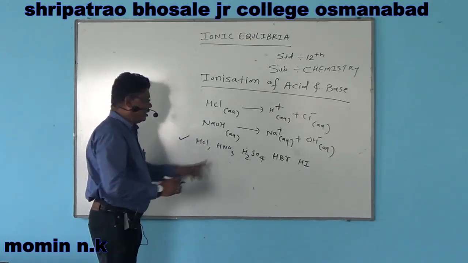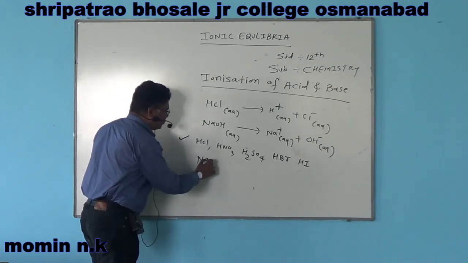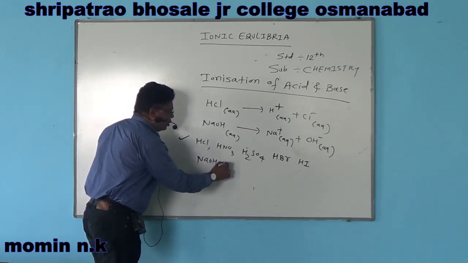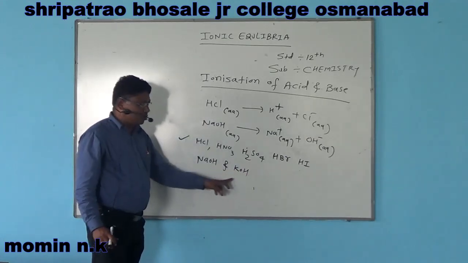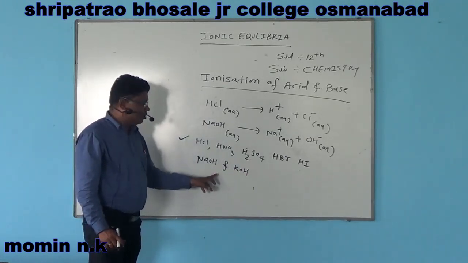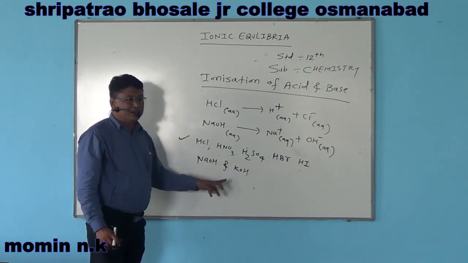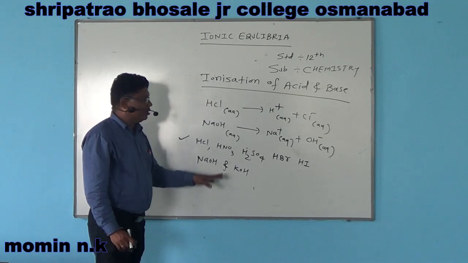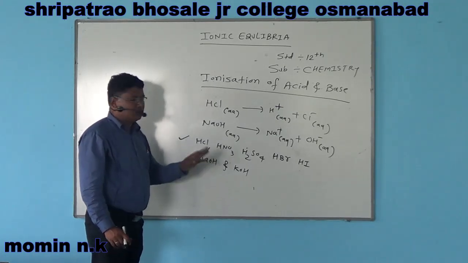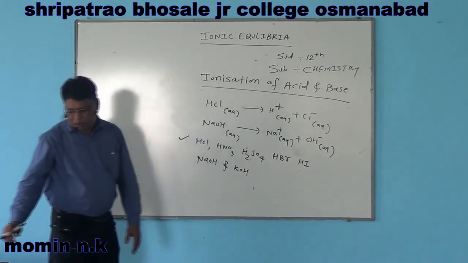And bases like NaOH and KOH are examples of strong bases because they dissociate almost completely. That's why they are called strong bases.